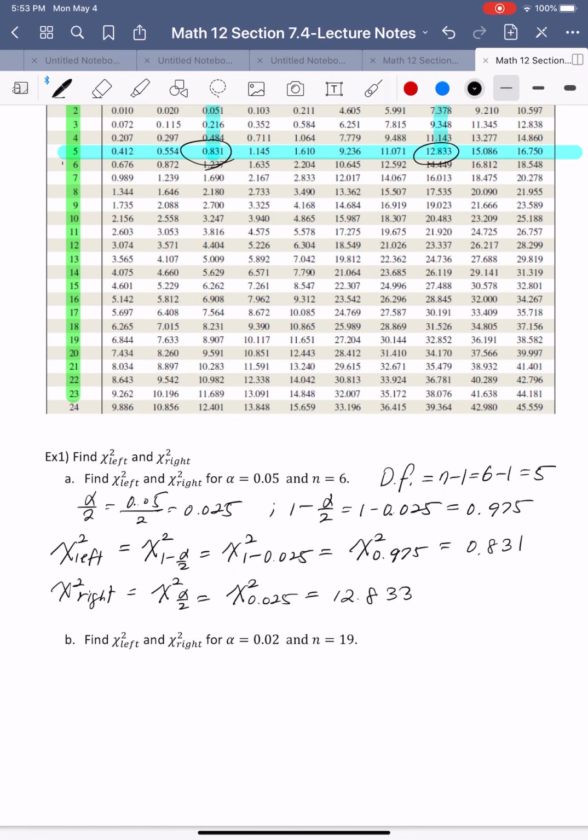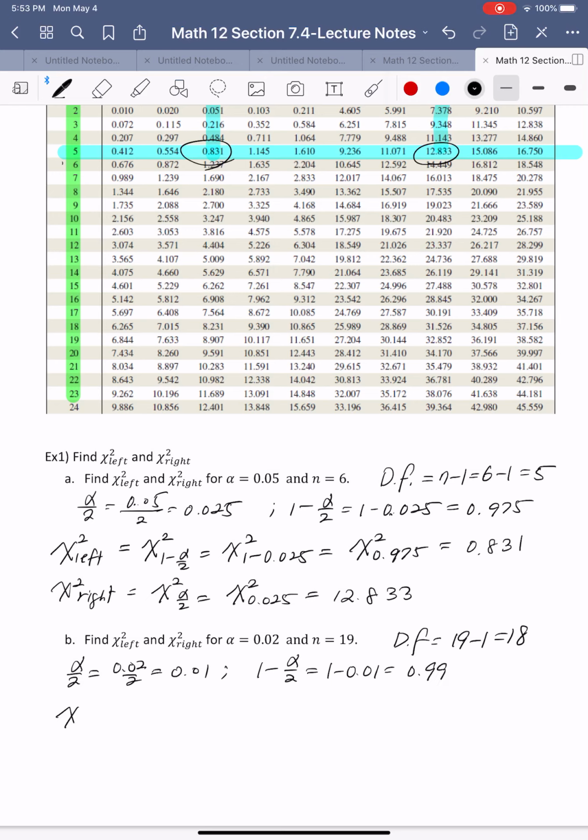All right, let's try one more. The degrees of freedom is 19 minus 1, which is 18 this time. Alpha over 2 is 0.02 over 2, which is 0.01, and 1 minus alpha over 2 is 1 minus 0.01, which is 0.99.